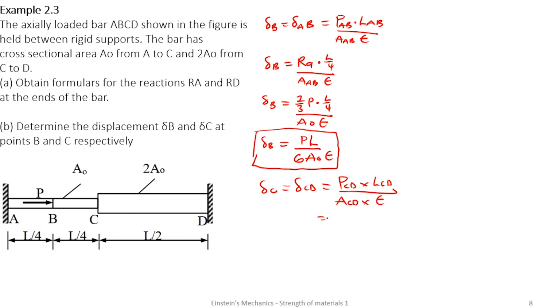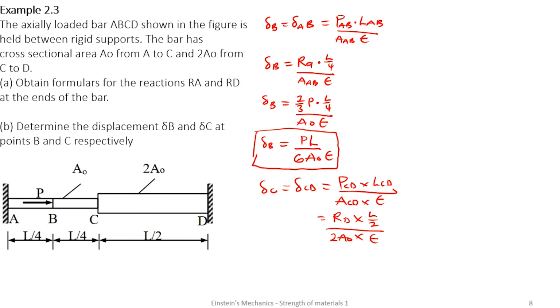What do we have? The force in CD from the free body diagram was RD, multiplying the length, which is L on 2. What is the area? It is 2 times A naught.